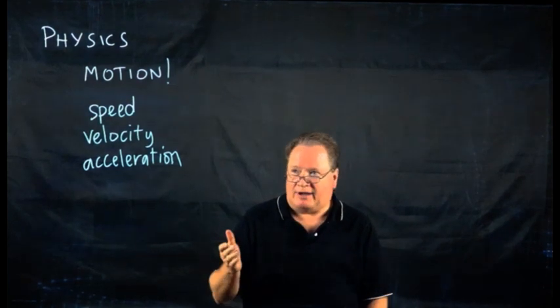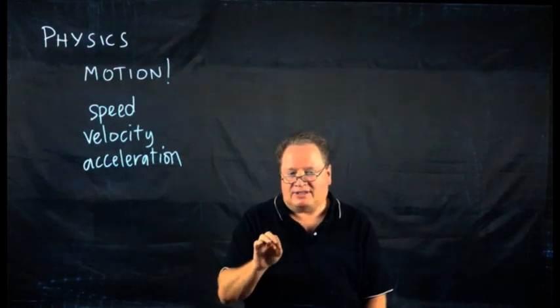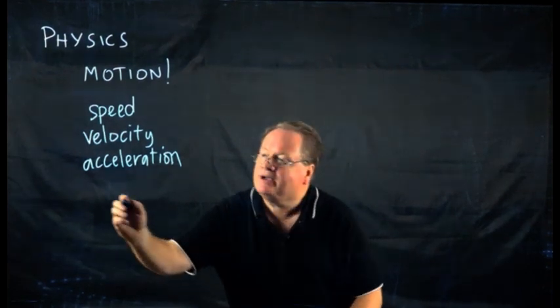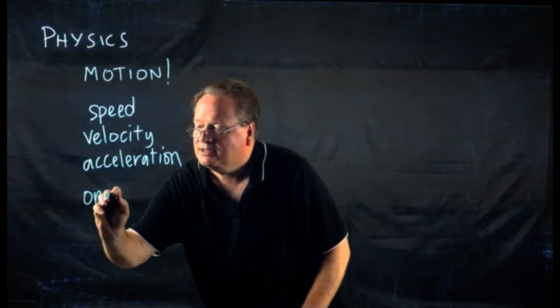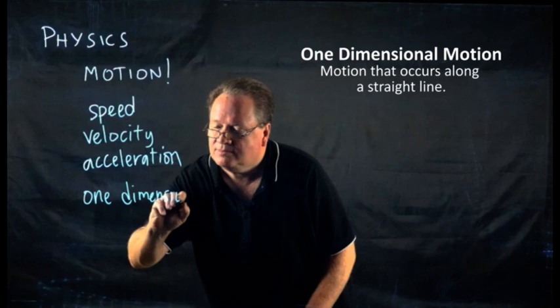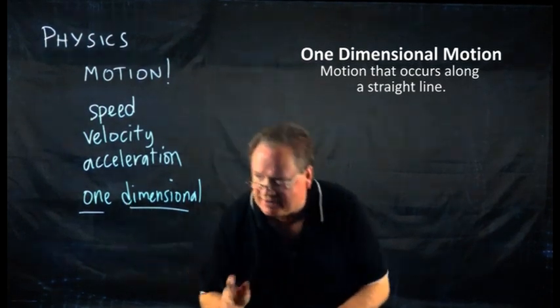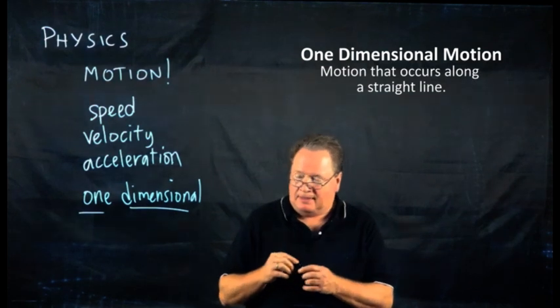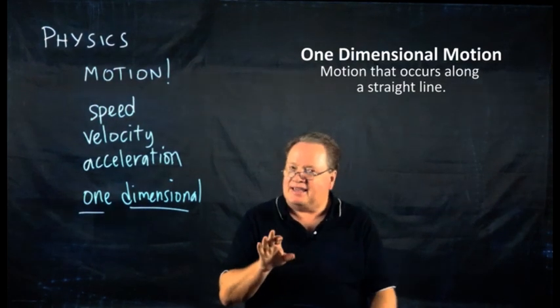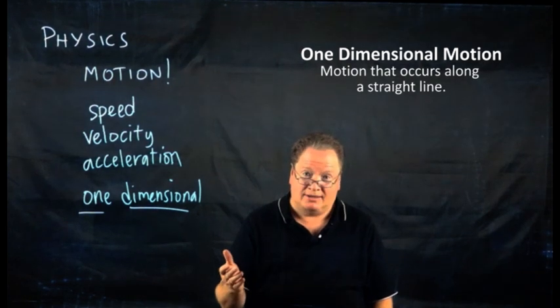Something else you should know about motion is there are different types of motion. And the type that we're going to start with is what we call one-dimensional. So we're going to start by talking about one-dimensional motion. What you'll see is that one-dimensional motion is not real common.